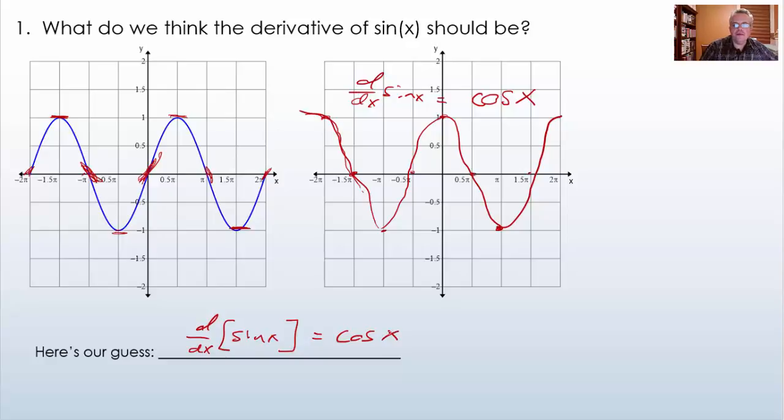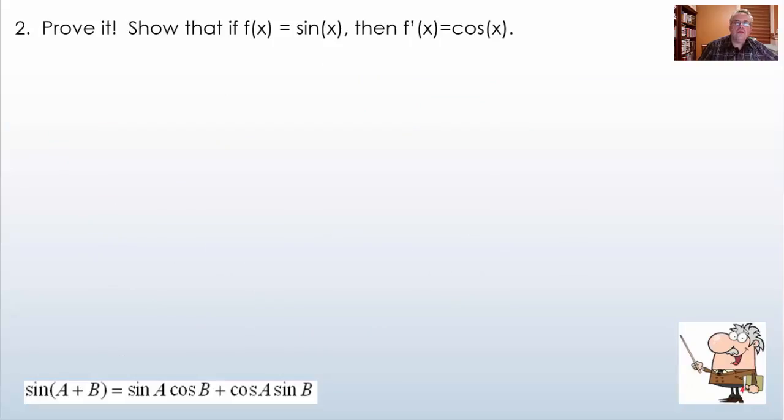And indeed it is. And we're going to prove it. So the way we prove it is we go back to the definition. So, all right. If we assume that f of x equals sine of x, f prime of x would equal the limit as delta x goes to 0.